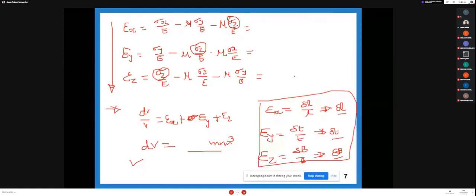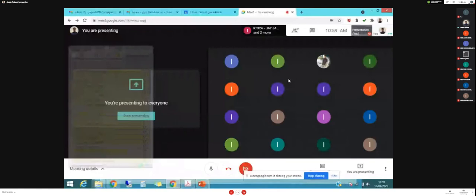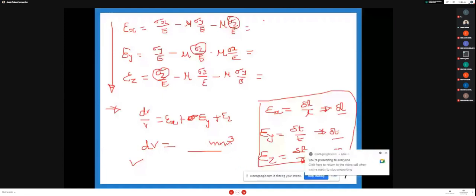Any other student? Any other answer? These are all answers for the strains epsilon x, epsilon y and epsilon z, that is in 10 power minus 5 or 10 power minus 4.